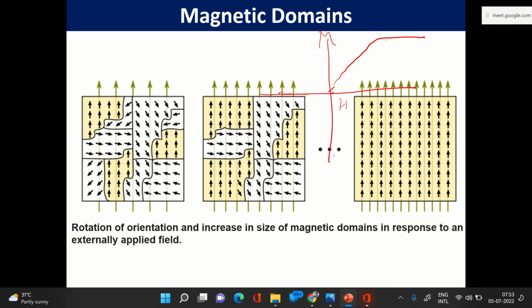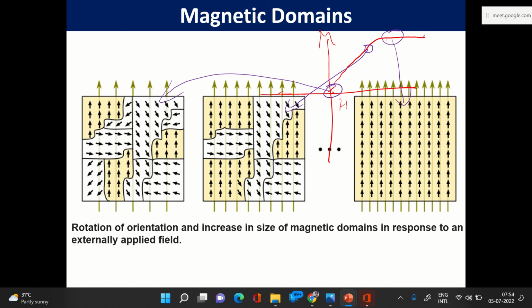This situation is represented by this picture, somewhere in the middle is represented by this picture, and the initial thing is this one.